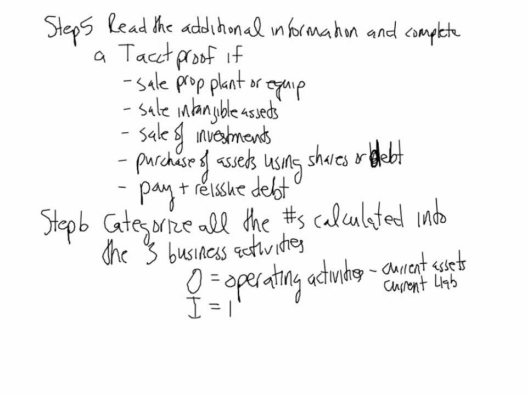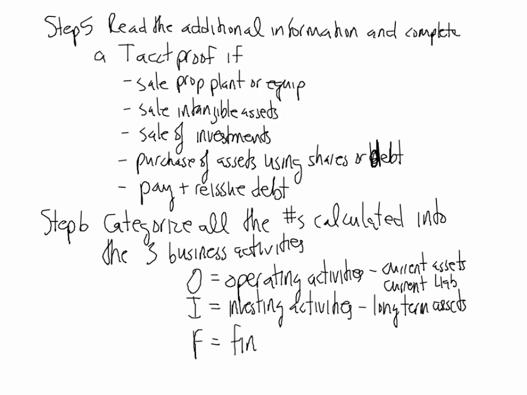Investing activities, they almost always deal with long-term assets. Property, plant, and equipment, long-term investments, intangibles, goodwill, that kind of thing. And then F is equal to financing activities, how a company generates funding for the company. They almost always involve long-term debt and shareholders' equity. So every single number has to be denoted with one of these letters.